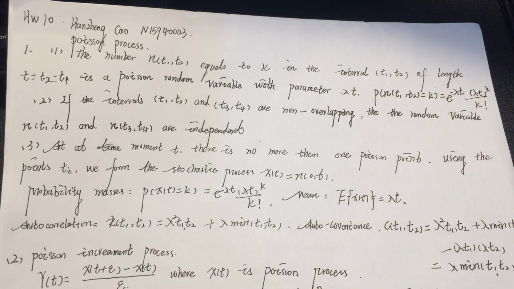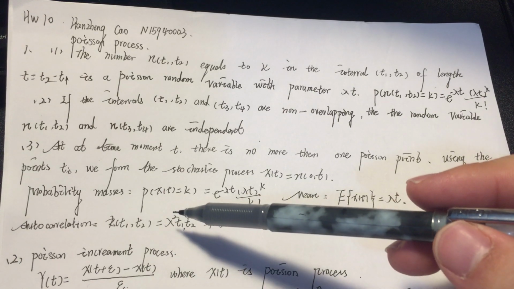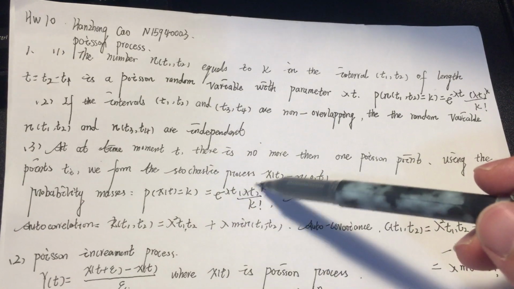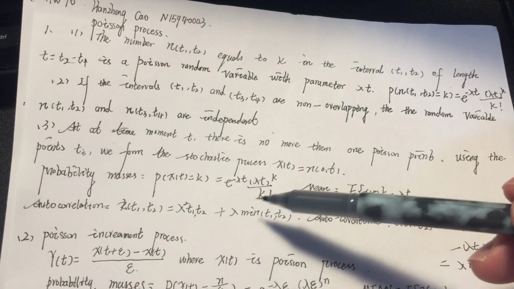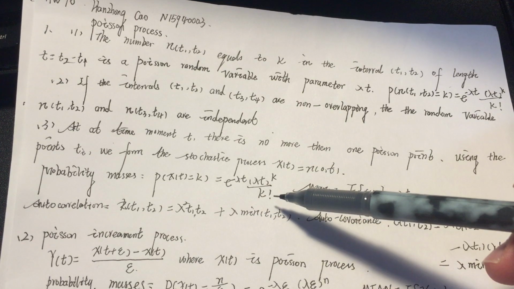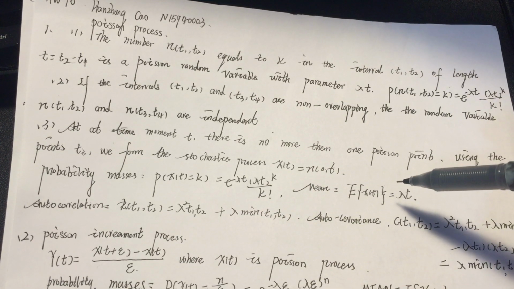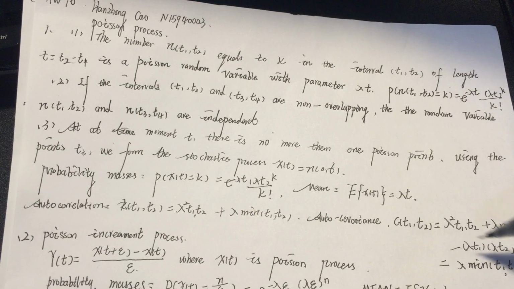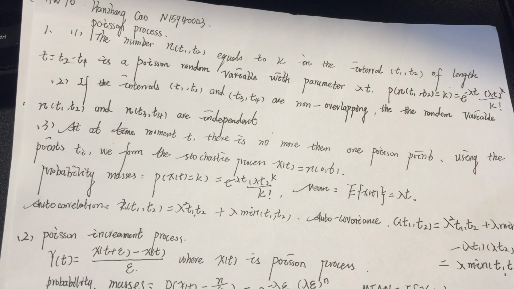The autocorrelation of t1 and t2 equals lambda squared t1 t2 plus lambda multiplied by the minimum of t1 and t2, and the autocovariance equals lambda squared t1 t2 plus lambda multiplied by minimum t1 t2 minus lambda t1 multiplied by lambda t2, which equals lambda multiplied by minimum t1 t2.